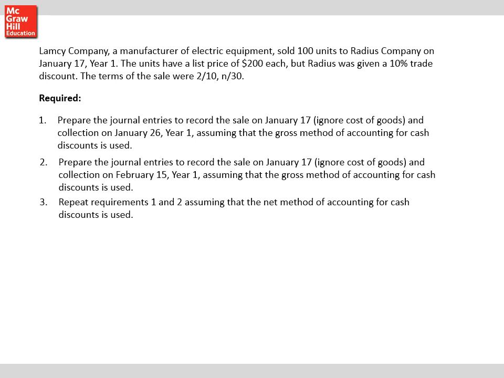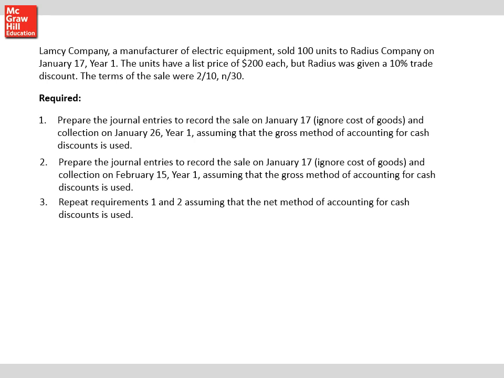We'll talk about 2 and 3 in a second. So before we get into the answer, first of all, in this circumstance, this company is offering 2 distinct discounts. The first being a trade discount. So it's saying before we even book the sale, we're going to give you 10% off what we normally charge people. It's more of a volume discount. Those discounts are not recorded in our accounting records.